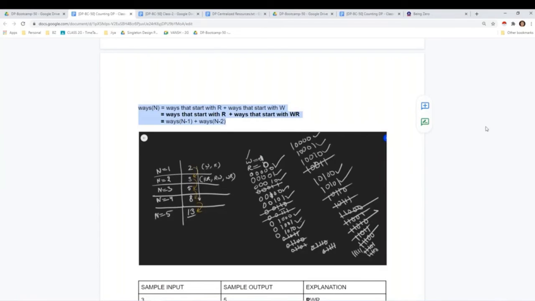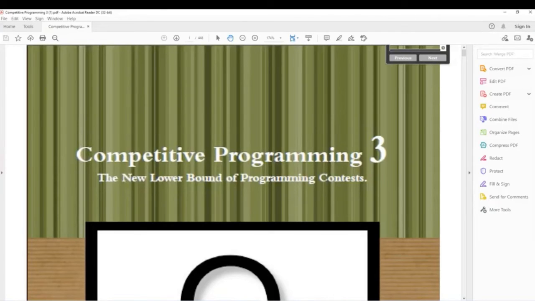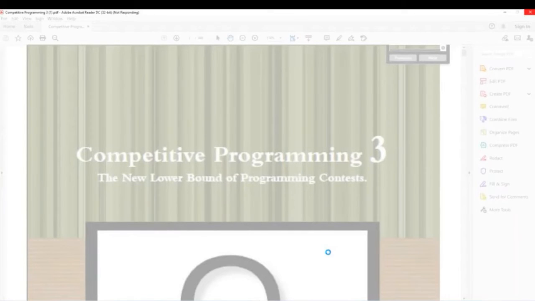Okay. So, as you said, since we are all aware of Fibonacci, what are some other series that we should know in order to crack such problems? Okay, good question.